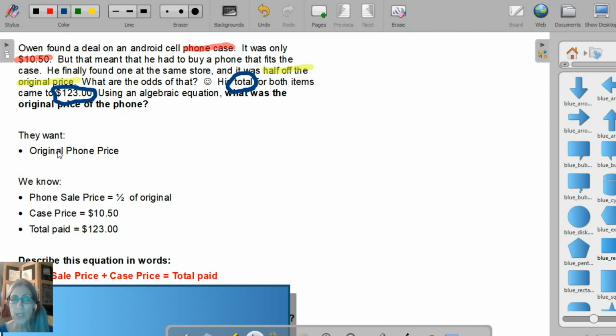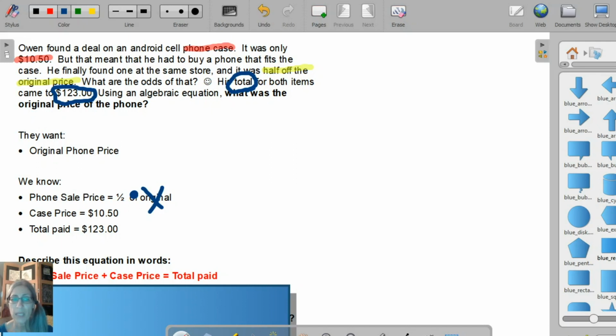So if we were to describe the phone sale price as half of the original, well, we could just call the original then our variable. So half of, say, our original is x. So then we could say, well, our phone sale price is 1/2 of, and of usually means multiply, 1/2 of x.